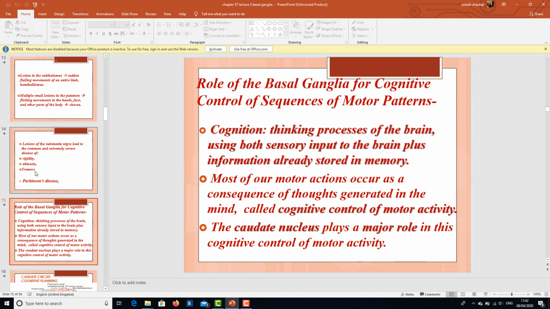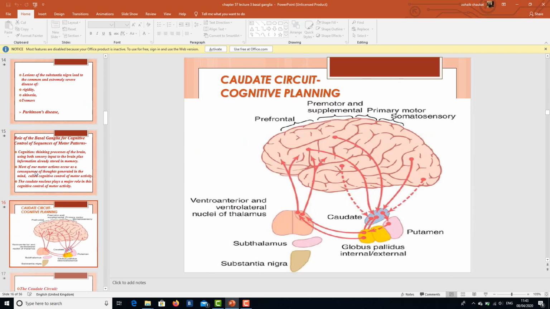Most of our motor actions occur as a consequence of thoughts generated in the mind, and that is known as the cognitive control of motor activity. And the caudate nucleus plays a major role in cognitive control of motor activity.